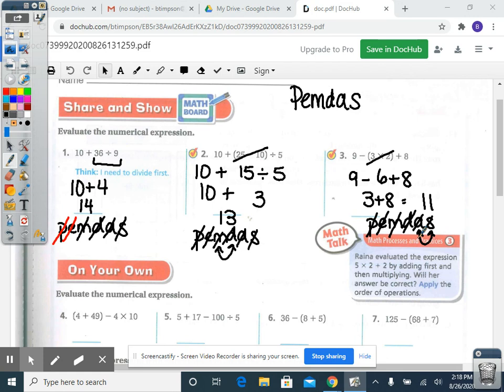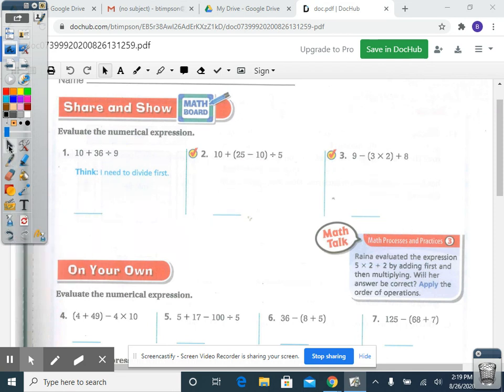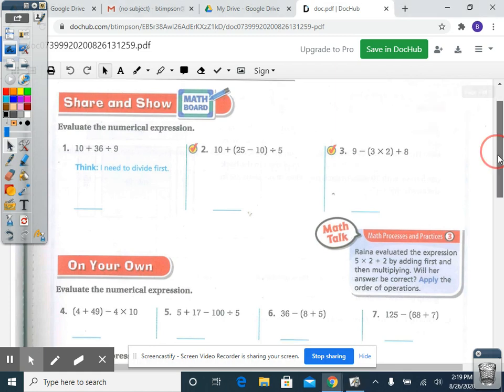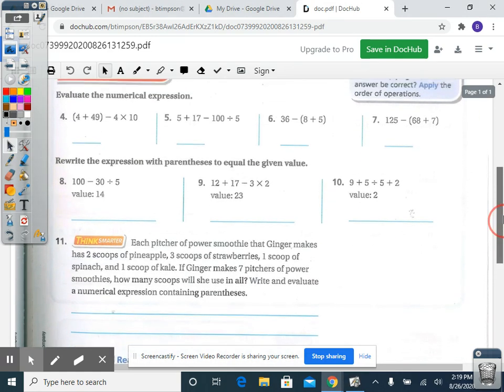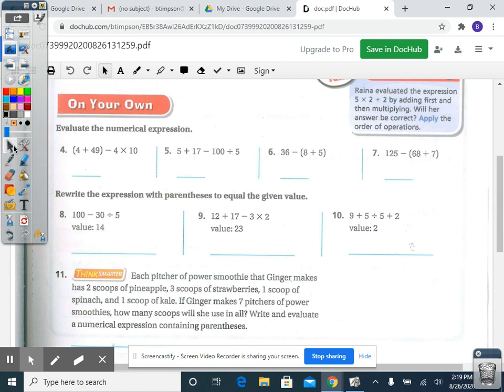Okay. If you need to pause the video to see a problem worked out again, or to go back and just review what I have done, you are able to do that. I'm going to clear the annotations, and we're going to scroll down a little bit to give us some more room. Okay, evaluate the numerical expression means to solve once again. So in PEMDAS, I'm just going to write this up here.